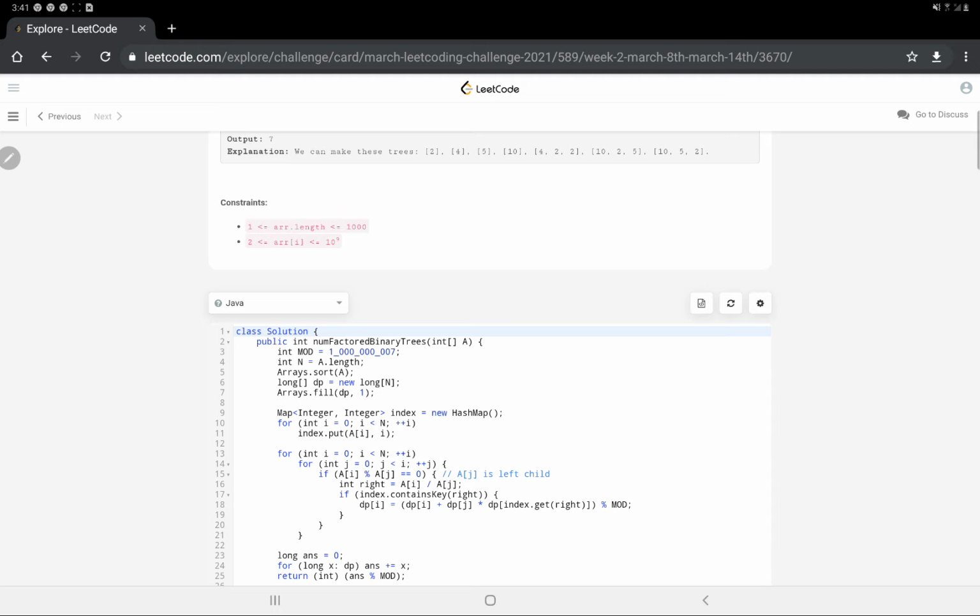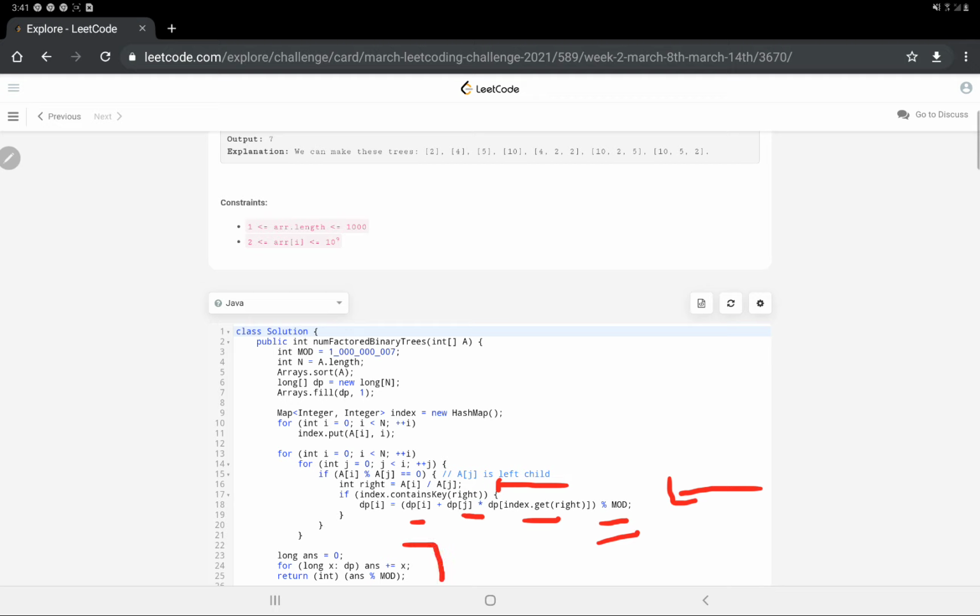And this is nothing but dp of i would be dp of i plus dp of j, that is the value at index j, for the value which is contained in our hash map, and we will add them with that formula and store them by taking the modulus.